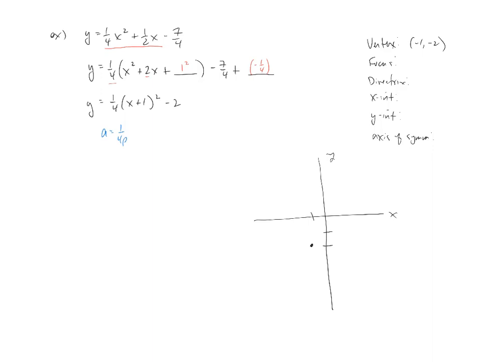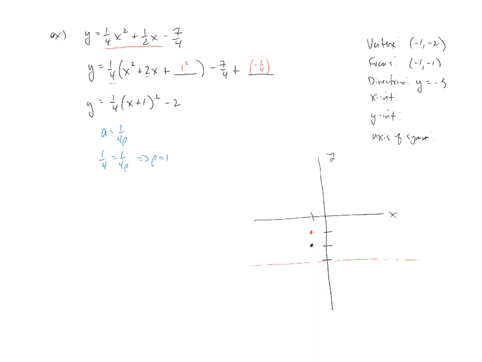So if our a value is 1/4, you can see that p would equal 1. So with this parabola opening up, the focus is going to be 1 unit above the vertex, and the directrix is going to be 1 unit below the vertex. So that would mean our focus has a point of (-1, -1), and our directrix would have an equation of y = -3.